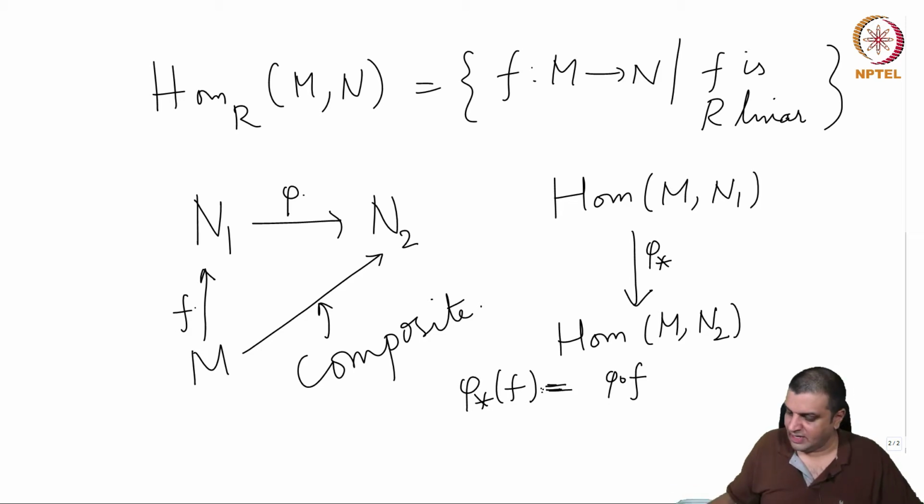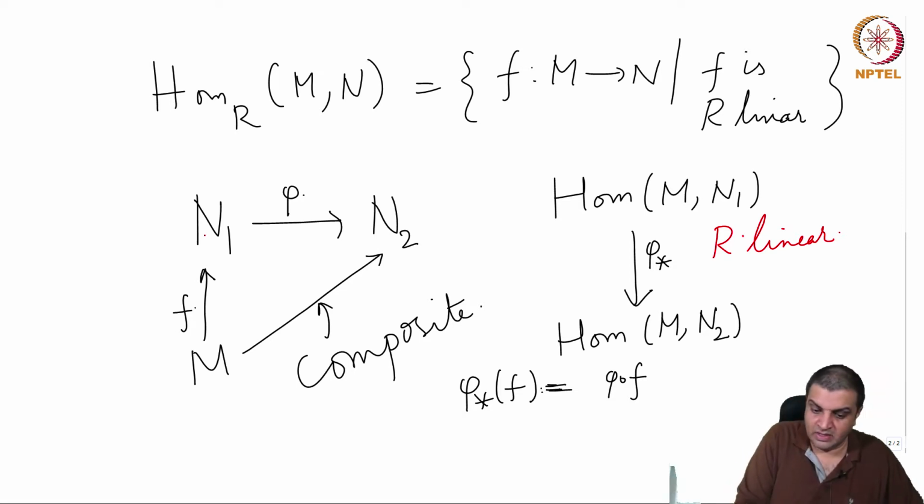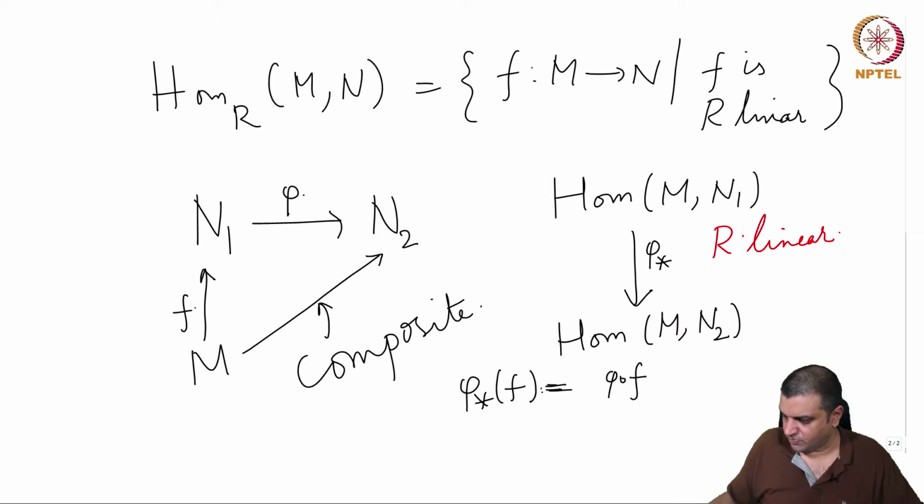And one can check that this is R linear. Remember these are R modules and this is an R linear map. So given this data, for every M, one gets a map like this. So this is one observation.